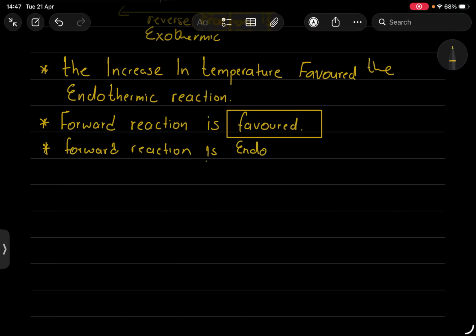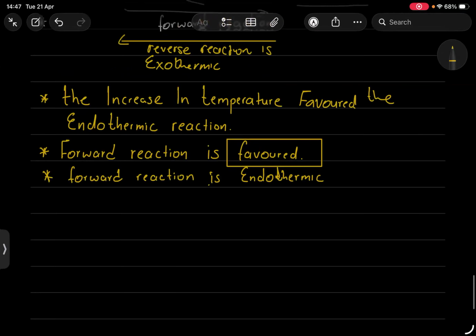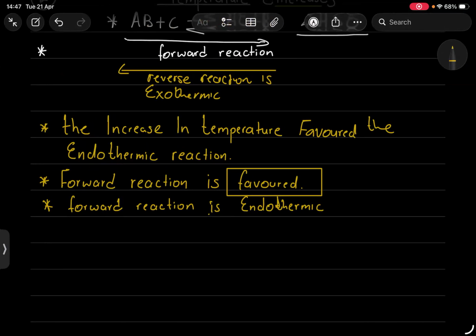That's very important to show that you see that the forward reaction is endothermic, right? So it's going to be favored and it's endothermic. And it means that more products will be formed, right? So yeah, more products will be formed.